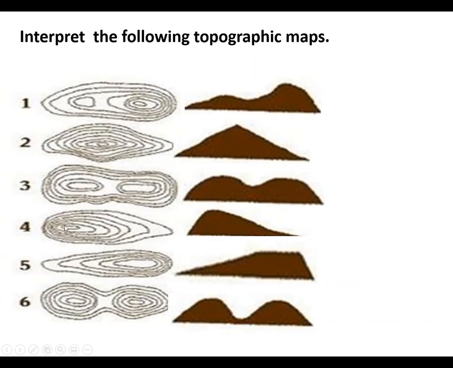And you can see here that the contour lines here are very close to each other, so it's a steep slope, while here the contour lines are farther away from each other, so it's a gentler slope. You'll see here that on top there's no real peak, it's like a mesa on top, so it's flat on top.